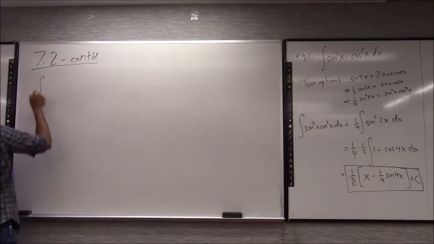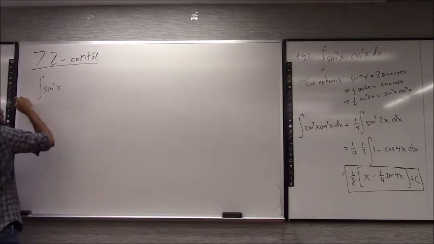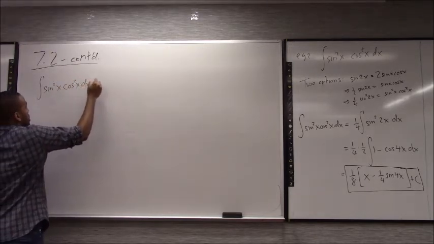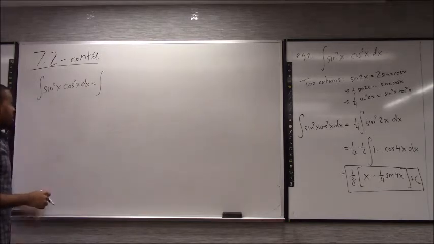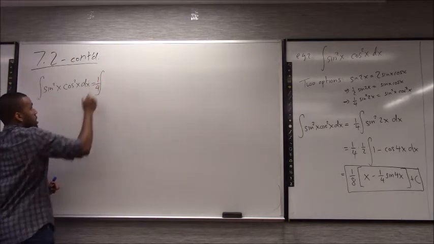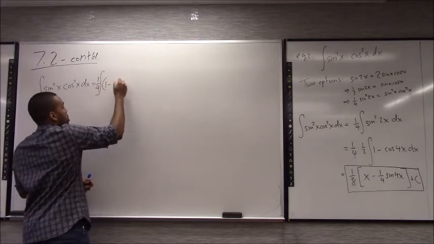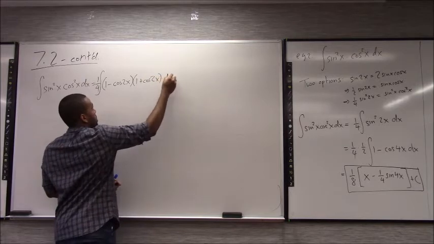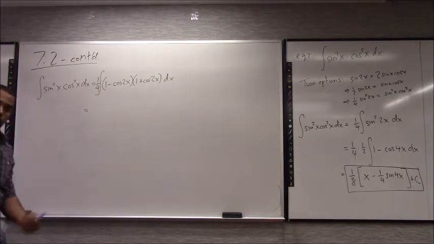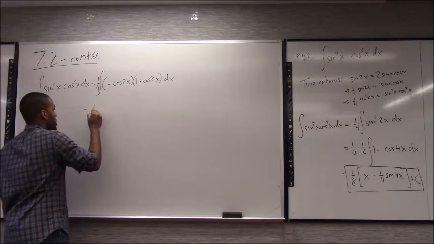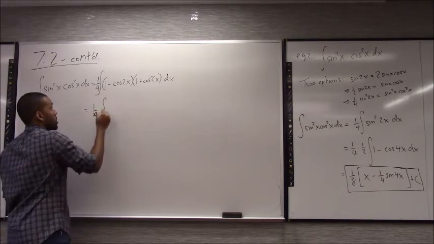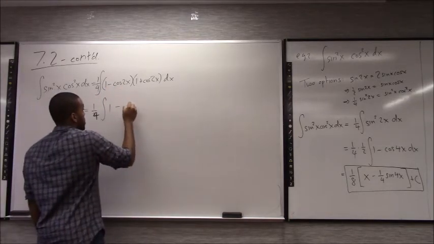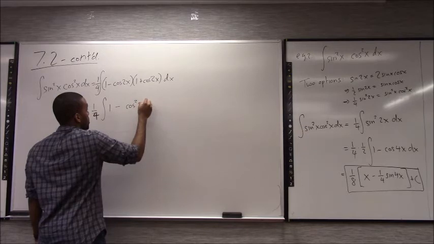You know, so if you have sine squared cosine squared, you could apply the half angle formula to each of these, so I would end up with a quarter out here, and then this would be (1 minus cosine 2x) times (1 plus cosine 2x). And then I of course expand these. This is like the difference of squares, so this would be 1 minus cosine squared 2x.